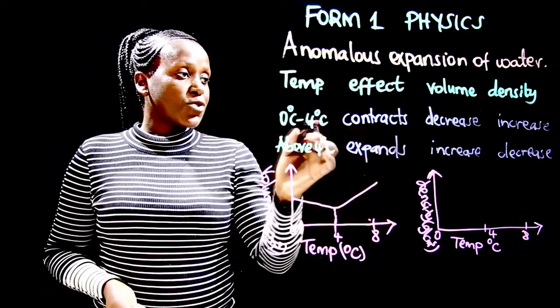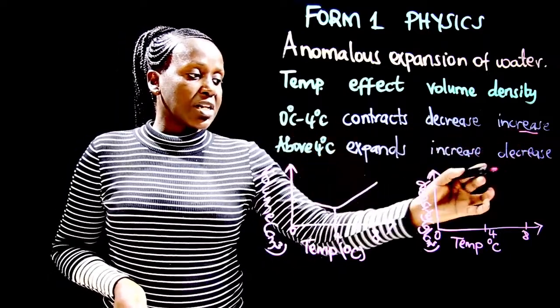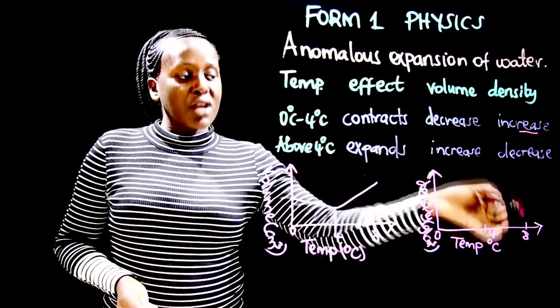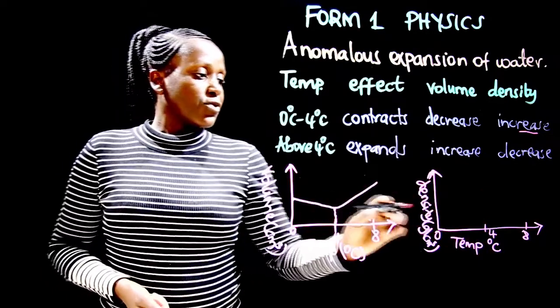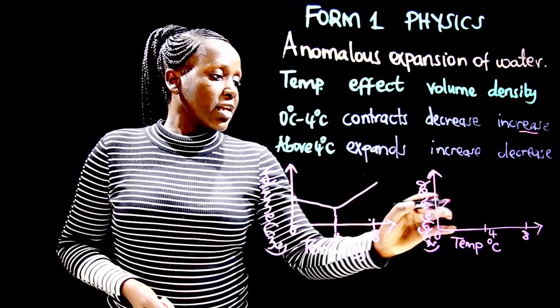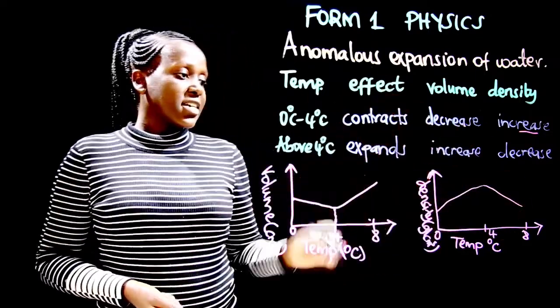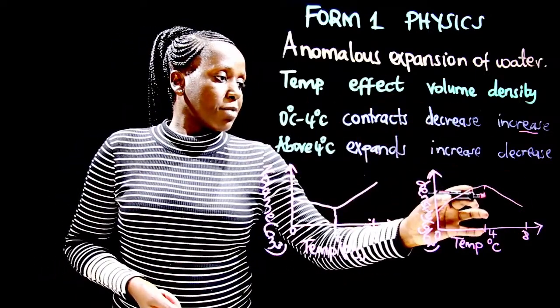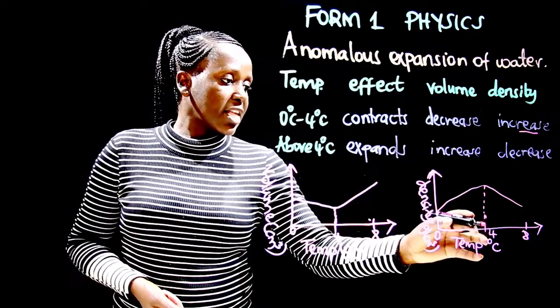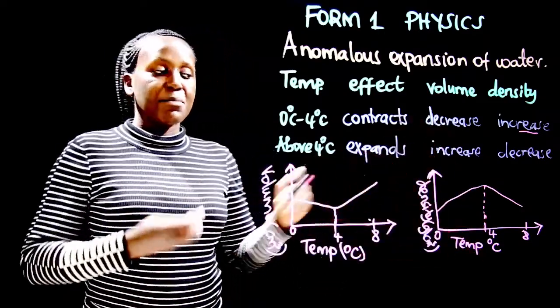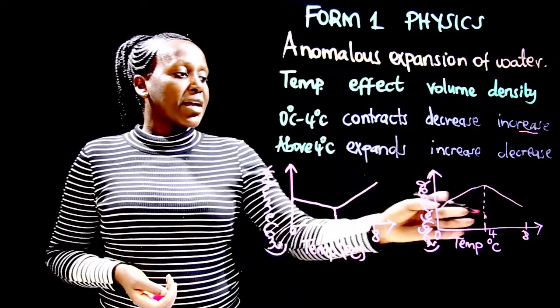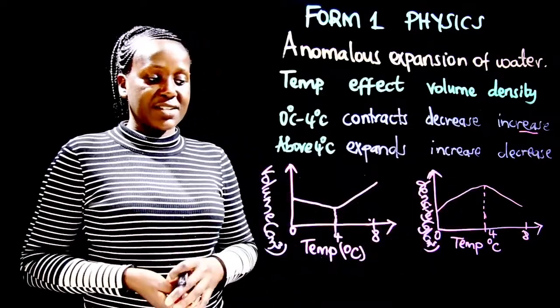As we move from 0 to 4, the density will increase. Then upon reaching 4, the density will decrease. And then we are able to mark that this shift in the behavior of density happened at 4 degrees Celsius.